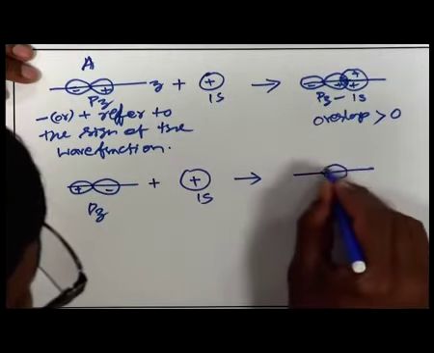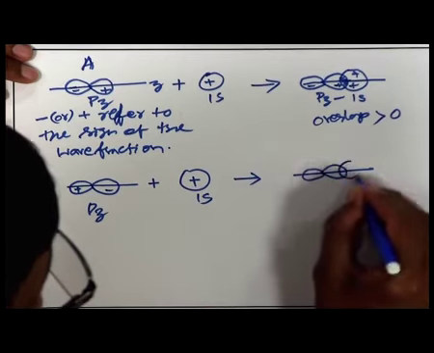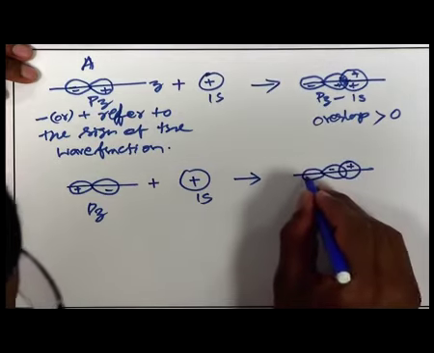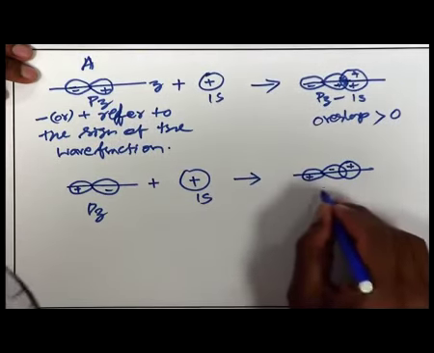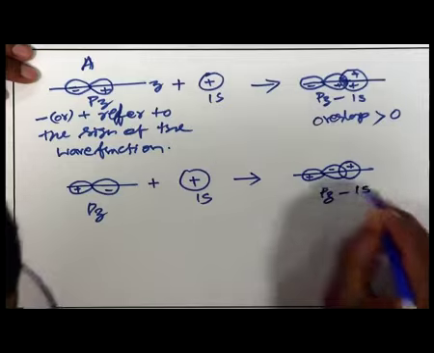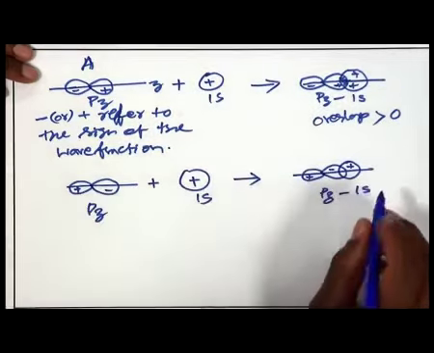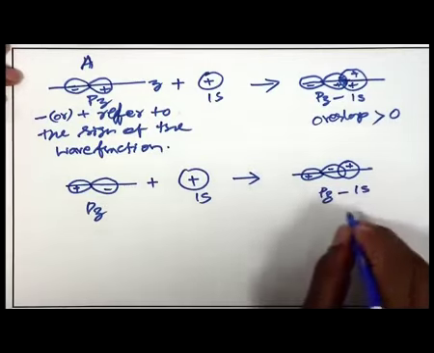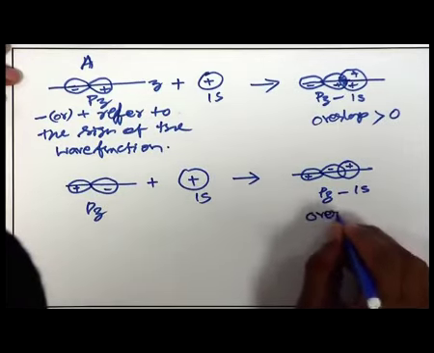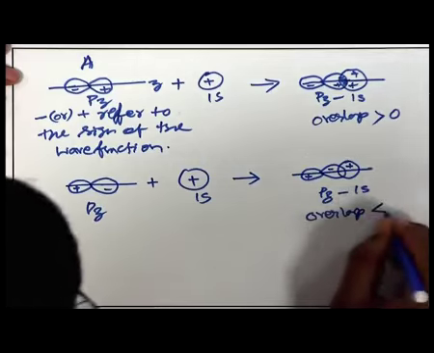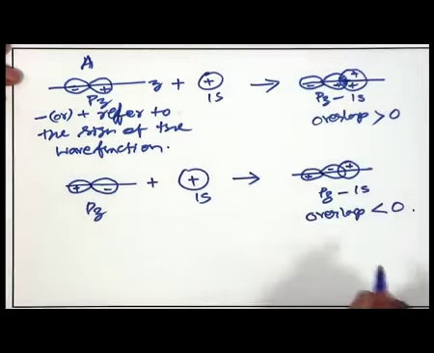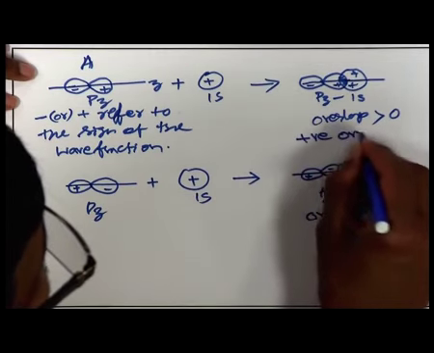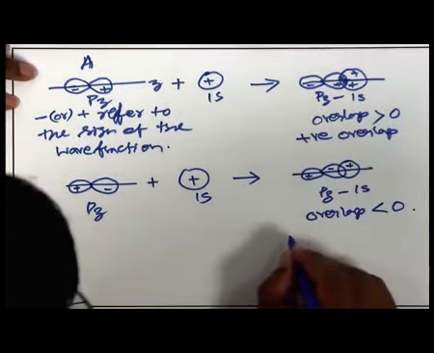If you draw the diagram in this way, this is negative, this is positive, this is positive. So, this is the pz and 1s orbital. Here the overlap is less than 0, it is negative. So, this is a positive overlap, and this is a negative overlap.